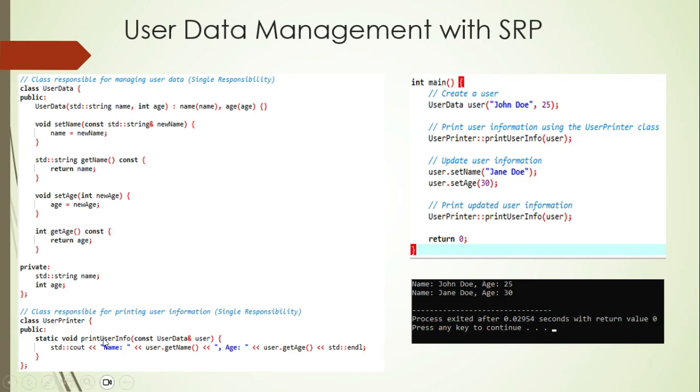If we see here, a static void method is taken. The static method printUserInformation takes the UserData object as a parameter and prints the username and age.